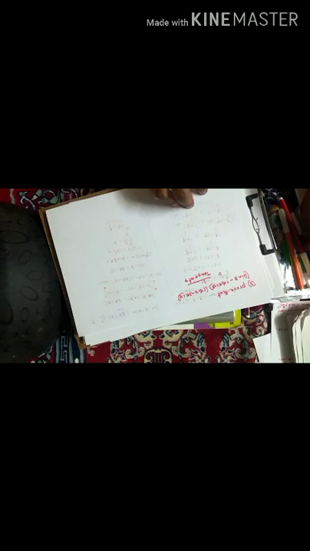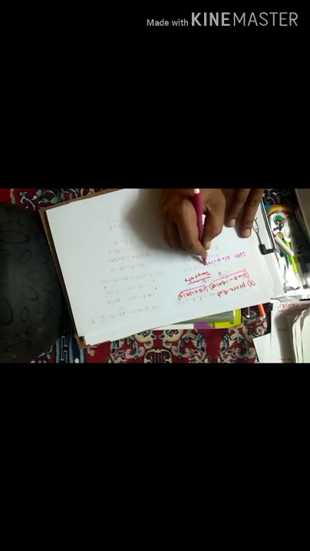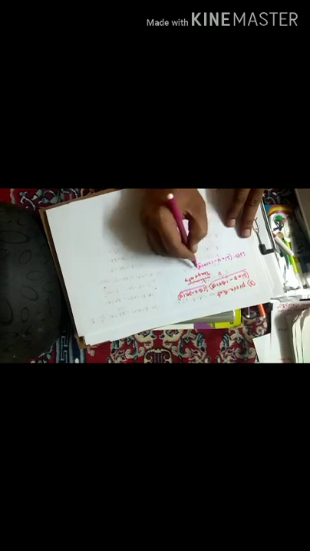Once again I will read this question. (Sin theta minus cosec theta) of (cos theta minus sec theta) is equal to 1 by tan theta plus cot theta. So this is the LHS, and I will take LHS. LHS is given as sin theta minus cosec theta of cos theta minus sec theta.